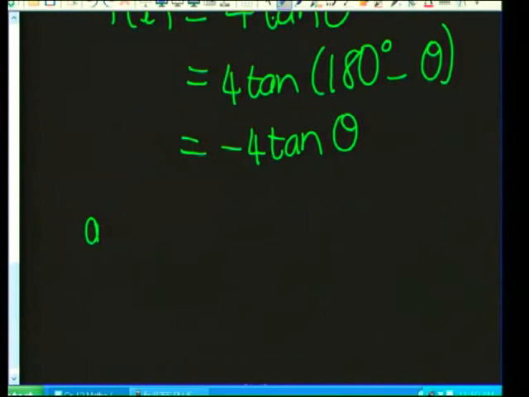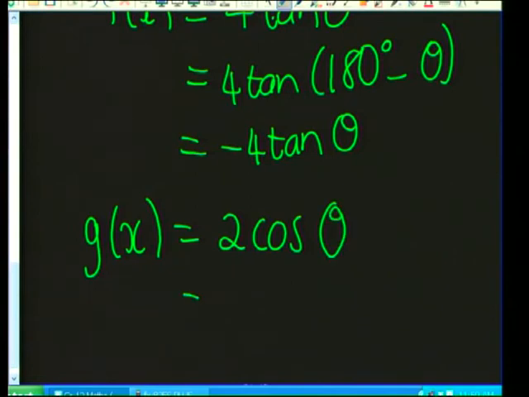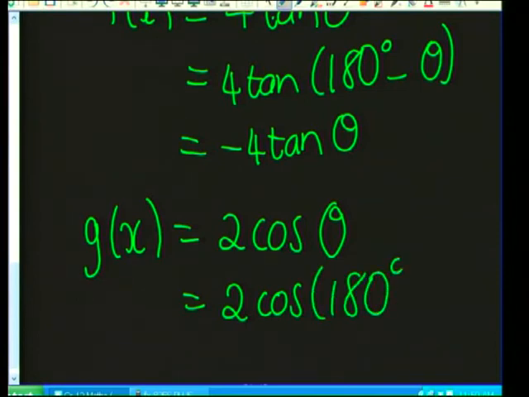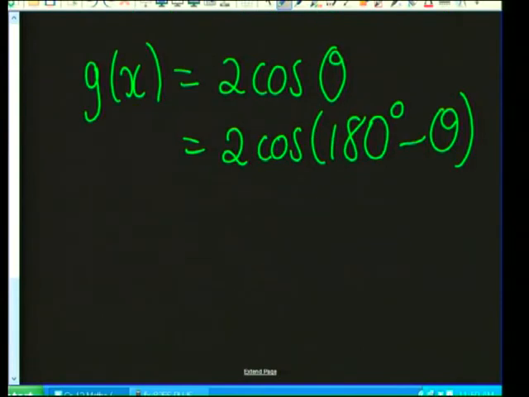Then we do the same for G, which was 2 cos theta. So we substitute theta with 180 degrees minus theta. Cos is also negative in that quadrant, so that becomes minus 2 cos theta.